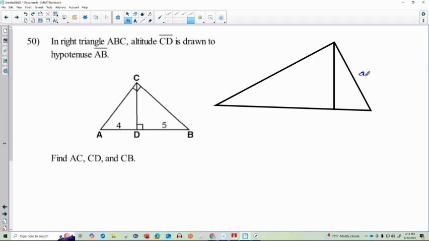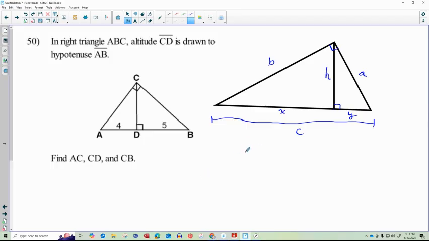So here's my A, this is my B, those are the legs, and this whole thing down here was the hypotenuse, my C. But then I dropped down this altitude, which we represent with an H, and it hit here as a right angle. It broke my hypotenuse into two parts. I'll call these parts my X and my Y. All right. With that said, we learned two different rules.